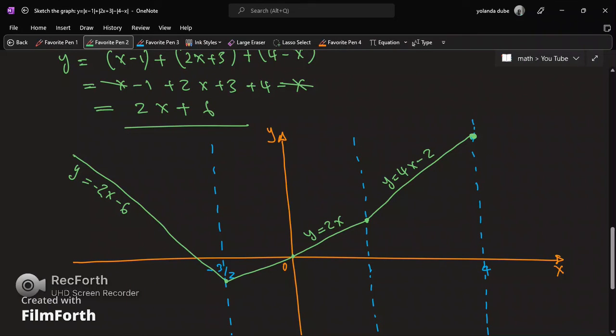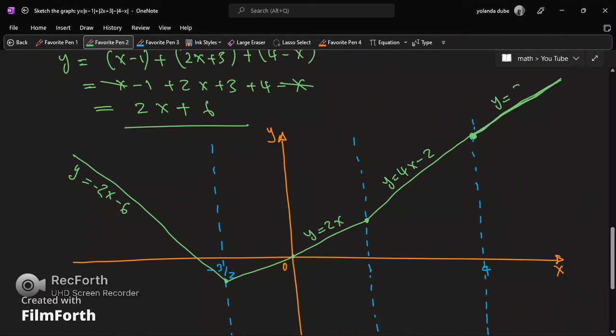If we were to draw it, it has to be a very steep line again, something like that. It was supposed to continue all the way up until it crossed at -3. But now, since it's bounded from going beyond that region, it just stops there, and we label it y equals 2x plus 6.